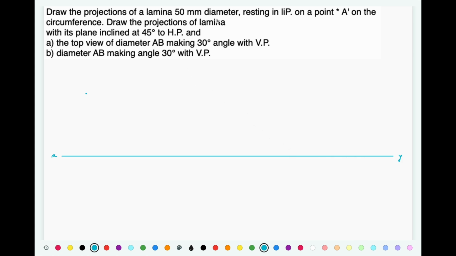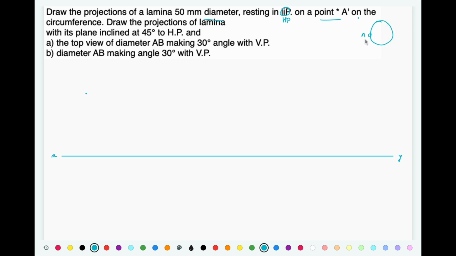Draw the projections of a lamina of diameter 50 mm resting on HP on a point on the circumference. So there is a circular plate.